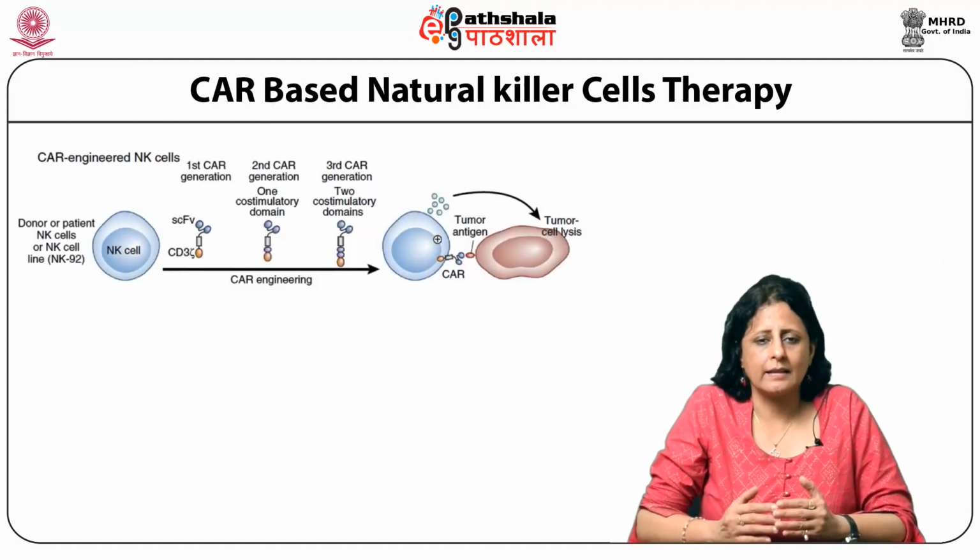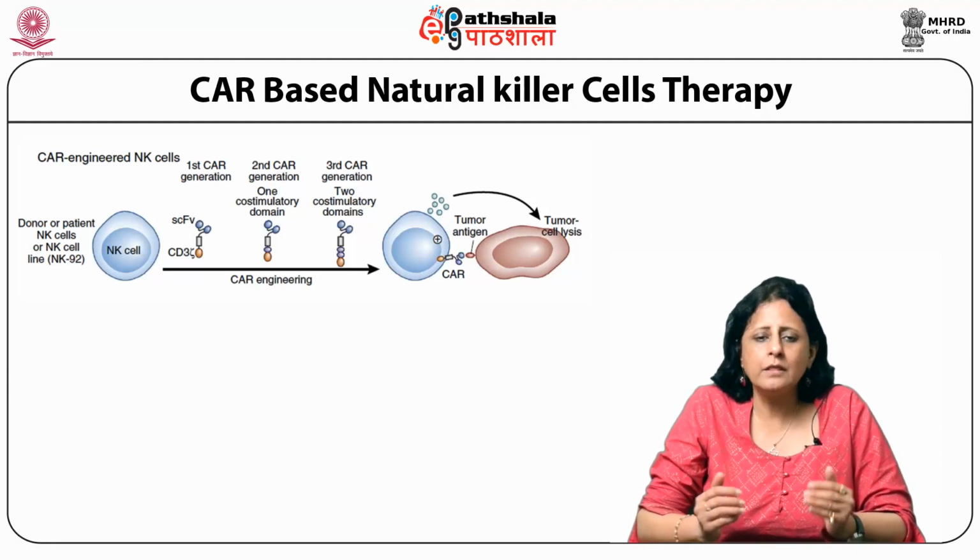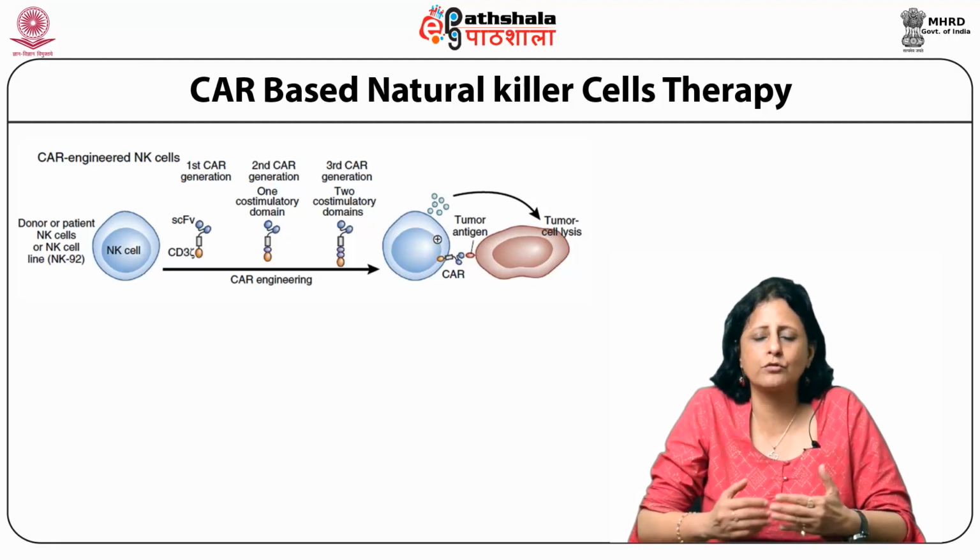CAR-based natural killer cell therapy. CARs can be engineered in autologous or allogenic NK cells or in NK cell lines such as NK92. CARs are designed by the fusion of an antigen binding domain with the hinge region, a transmembrane domain, and one or more stimulatory molecules.